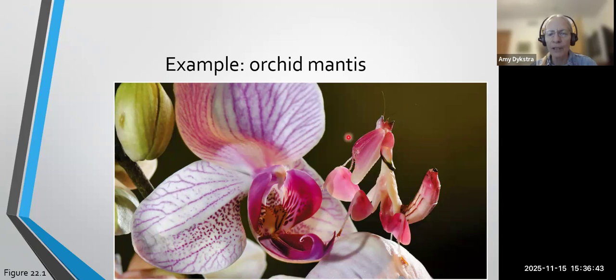And so it may not look too much like the praying mantises that you're used to seeing or seeing pictures of, but this is a type of mantis, and it looks very, very similar as this orchid flower. And it kind of hangs out here and waits for pollinators to come and try to get nectar and pollen from this orchid flower, and then it eats those pollinators. So it's got this camouflage that enables it to be a great predator.